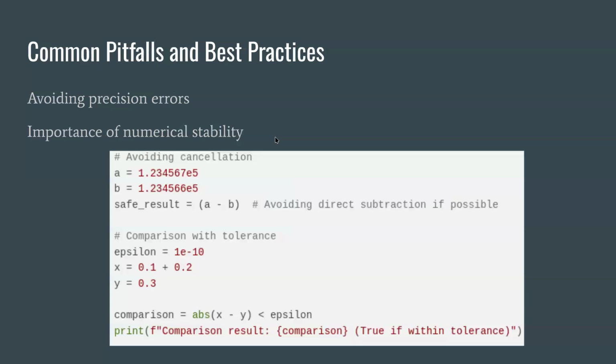You want to be cautious with comparison due to precision limitations. Use higher precision formats if necessary for critical calculations. Following these practices helps maintain the accuracy and reliability of numerical computations.